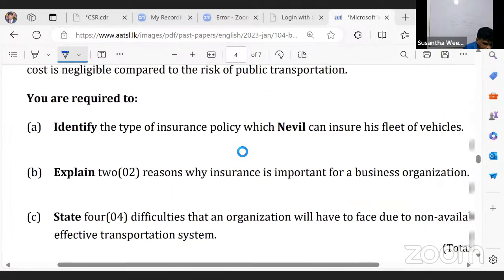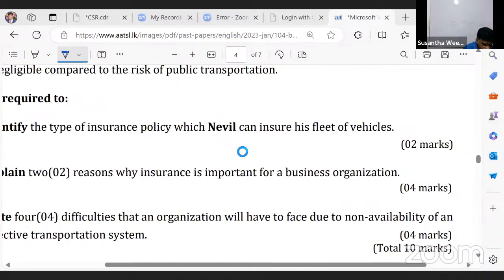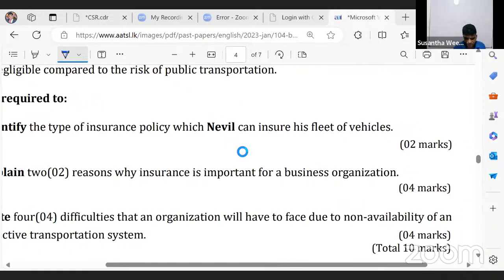Explain 2 reasons why insurance is important for business organizations. What are the main things, right? It is mitigating the risk, the uncertainty. These insurance policies are mitigating the uncertainty. That is one.